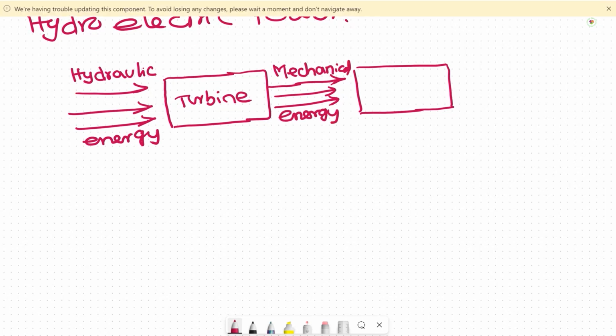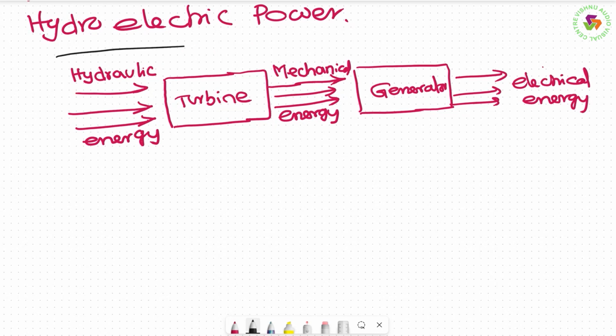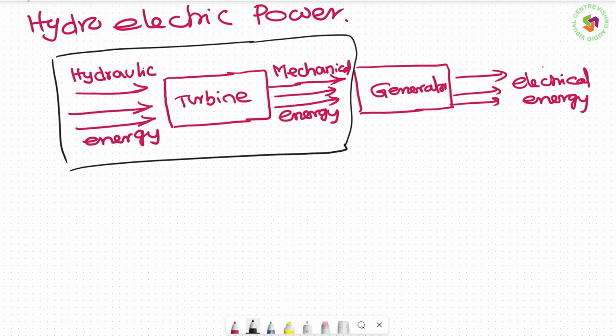And this mechanical energy is given to the generator. And finally, the outcome is electrical energy, which is supplied to various purposes. So this is what basically a hydroelectric plant is. We are concerned mainly with this part. Our target is up to this, we will really work upon.